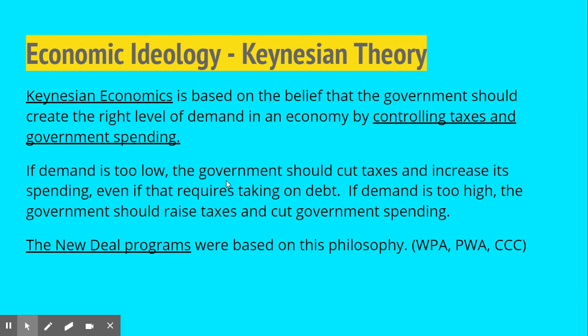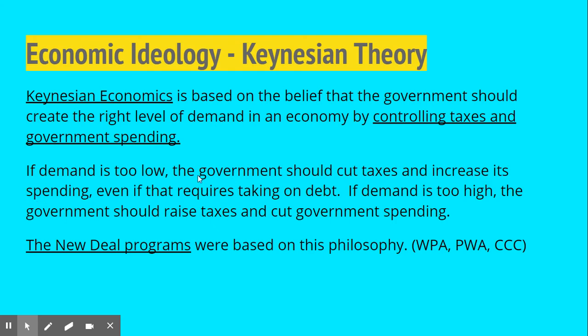All right, economic theory, we want to talk a little bit about that. So this is the taxing and spending, and then versus the monetary policy. So let's talk about taxing and spending first. Keynesian economics, remember when we talked about the differences between the liberals and conservatives, we talked a little bit about this. This is the belief that the government should control the economy through taxes and spending, okay?